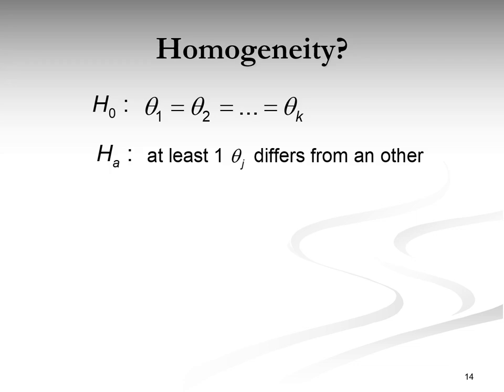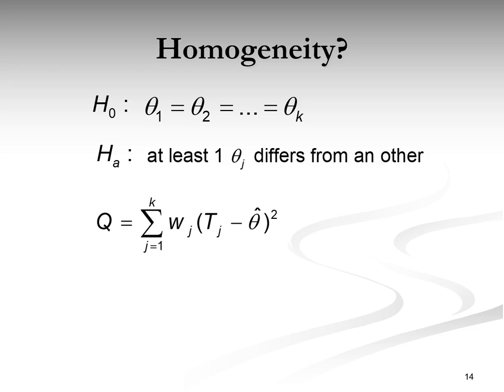So it could mean that at least one population effect size differs from the others, but it's also possible that two differ from each other or from the others, or there are many alternative scenarios. But in general, the alternative hypothesis says they're not all the same. So at least one effect size differs from another.